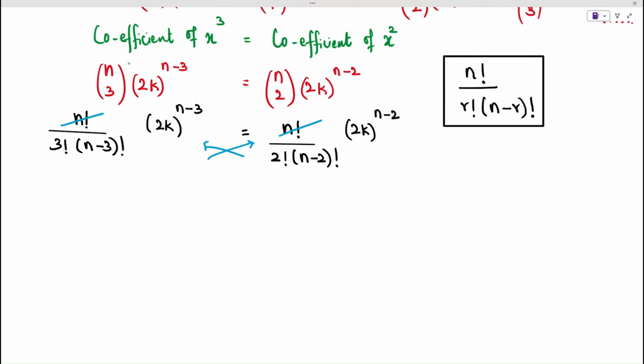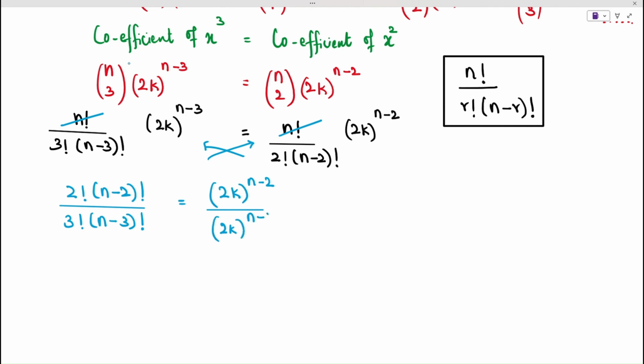So we have 2 factorial times (n-2) factorial over 3 factorial times (n-3) factorial, which is equal to (2k)^(n-2) over (2k)^(n-3).